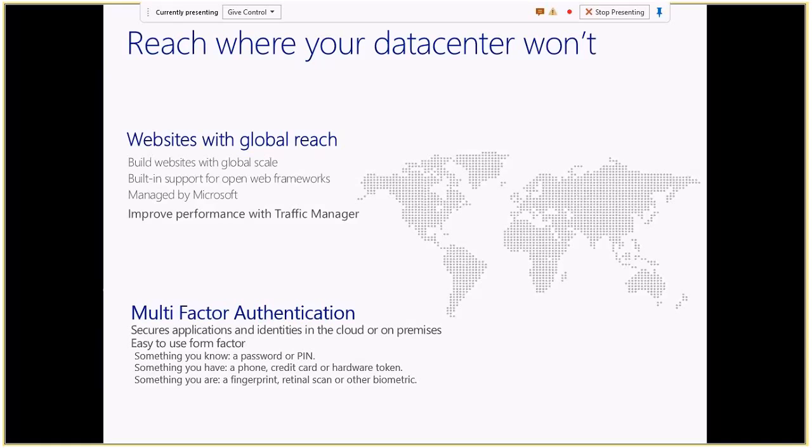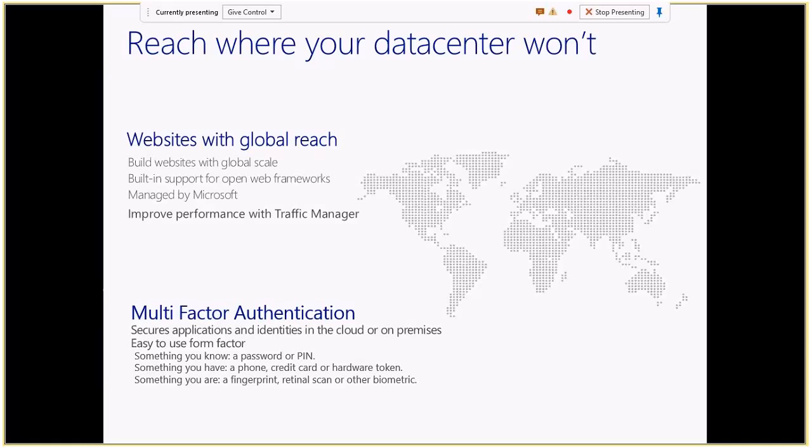So it's really taking a look at something you know, which is going to be your password or a PIN, something you have, most likely your phone. Most likely you get a text or a phone call to your phone. You either have to enter that code or respond back, and that gives you that secondary authentication, or something you are, like a fingerprint, retinal scan, things like that.